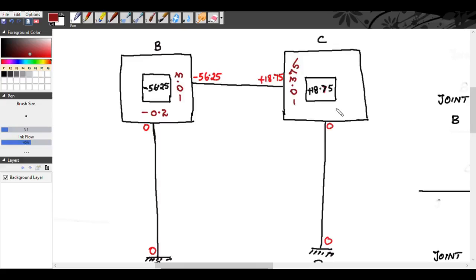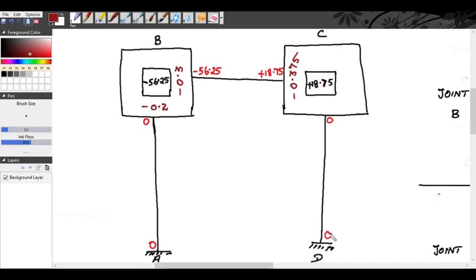And for the member CD the rotation factor is minus 0.125. Now we will write the displacement factor. So the displacement factors are for the columns BA and for the column CD, right?